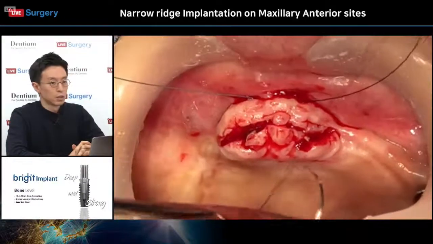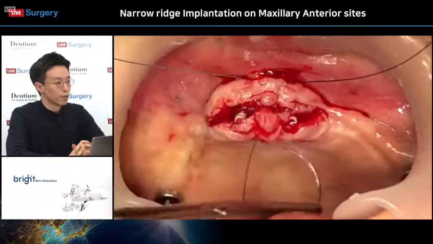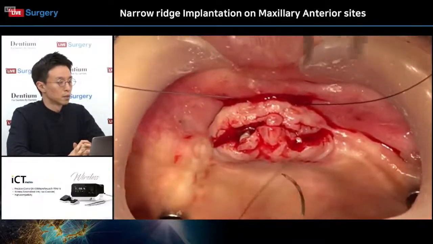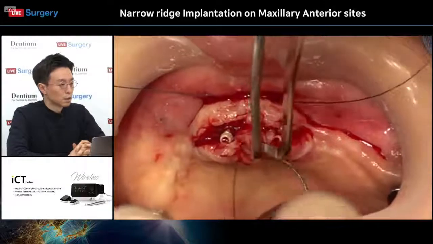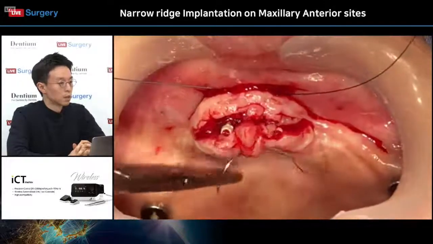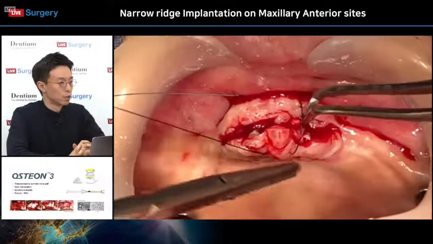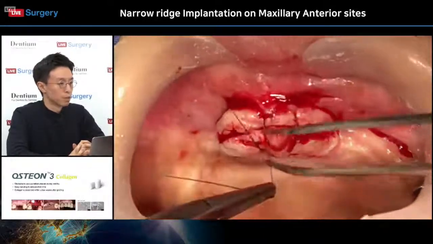The suture is silk, ethylene 40. This suture looks like a horizontal mattress suture. Yes, a horizontal mattress suture.